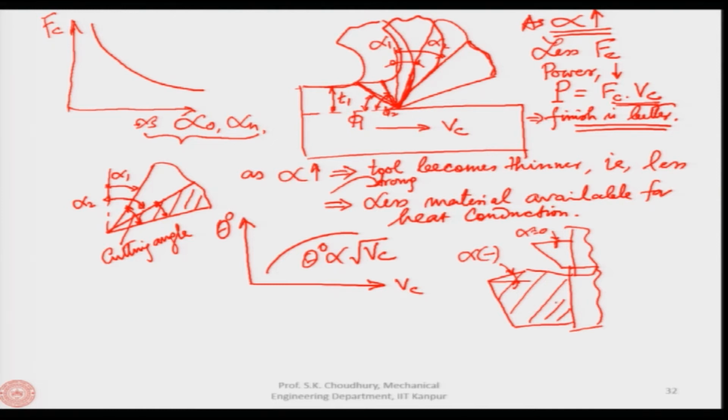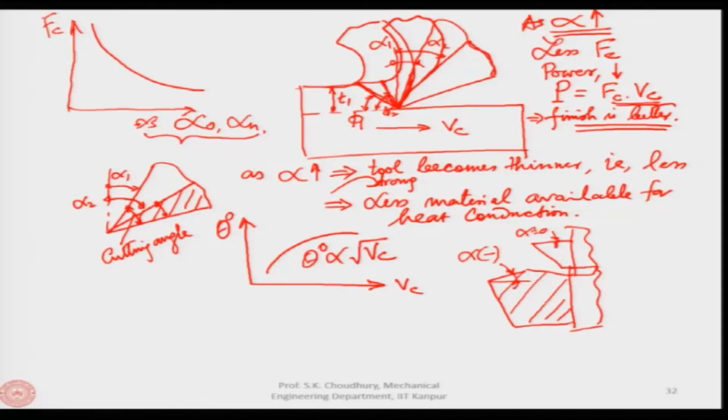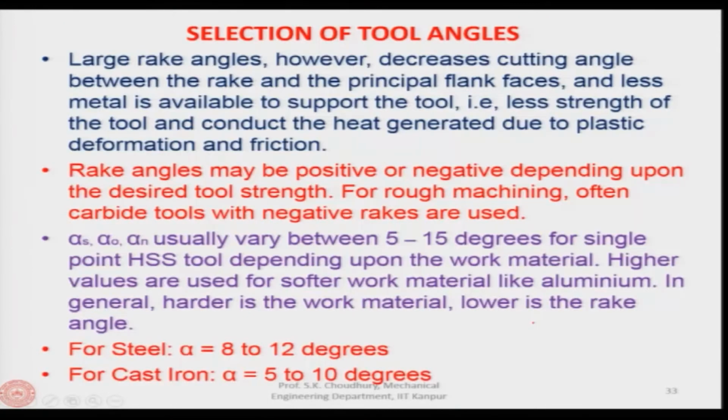So whenever you have high speed machining, for example, the temperature produced will be more and the force will be more. Therefore, the tool strength has to be higher. In that case, tools with a negative rake angle are normally used. Rake angles may be positive or negative depending upon the desired tool strength, meaning that if we have to have higher tool strength, we have to have a negative rake angle.